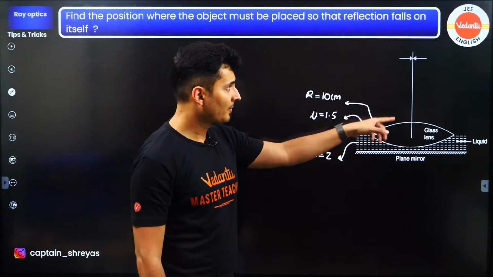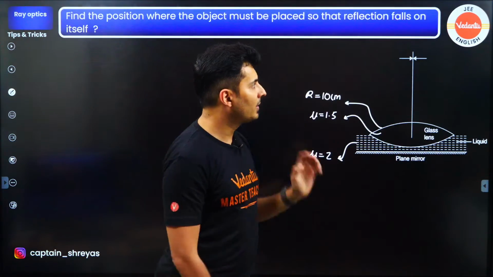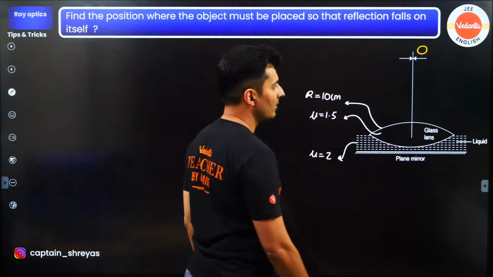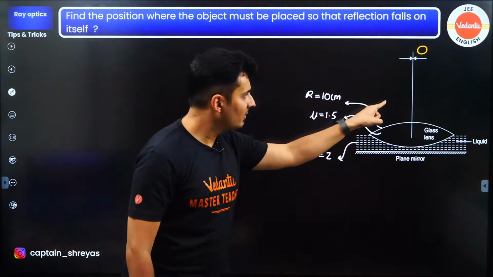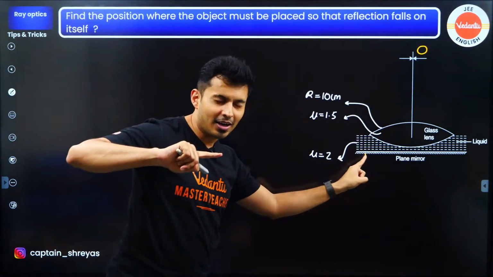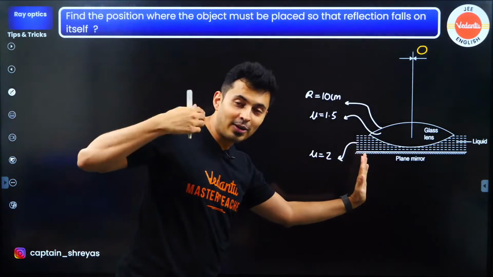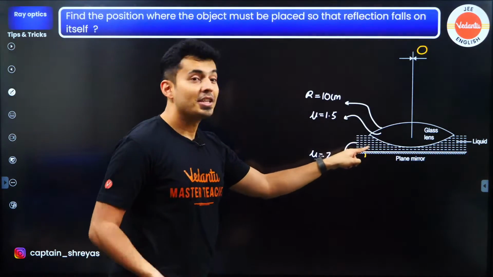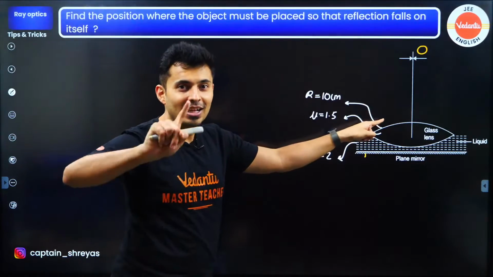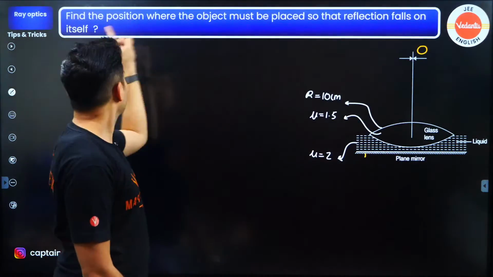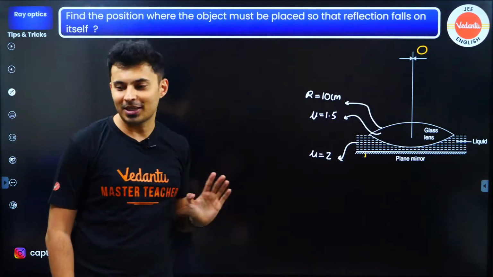The question is, if there is an object placed over here, the rays from the object will refract from the lens, then from the liquid, then reflect from the mirror, then again refract in the liquid, then again refract in the lens and then come back, so that the image is formed at the same place where the object is placed.